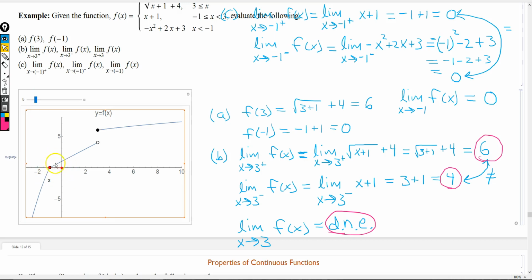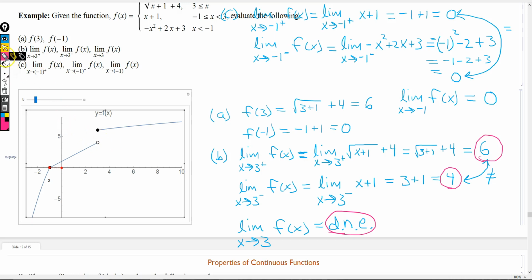You see, even though the function is piecewise defined at -1, the graph does not have a break in it along the y-axis. So the function matches up. Our left and right hand limits exist and they're equal. Whereas over here at 3, the function has a break in it. So the left and right hand limits exist, but they're not equal.